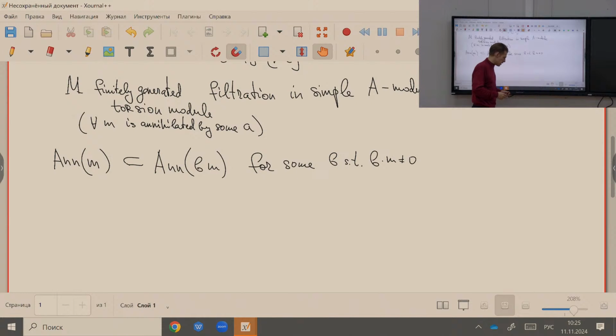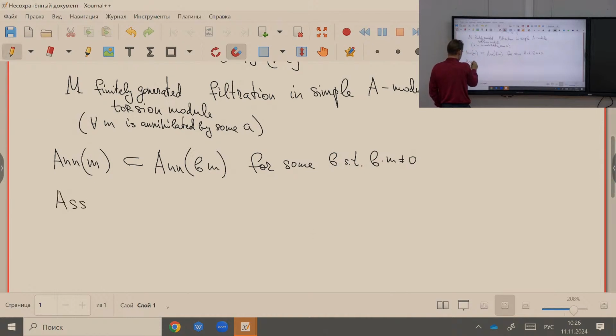But here the situation is not evident because, for example, you can have a decreasing chain of ideals. I claim that the following set is non-empty.